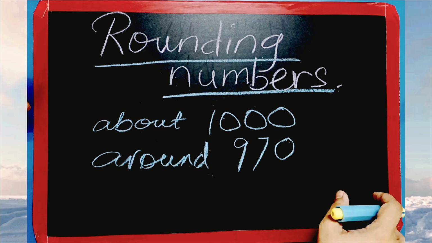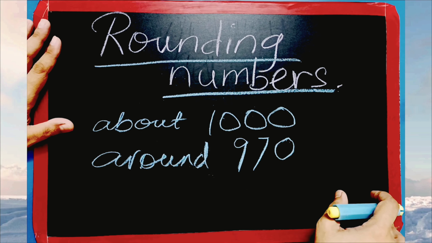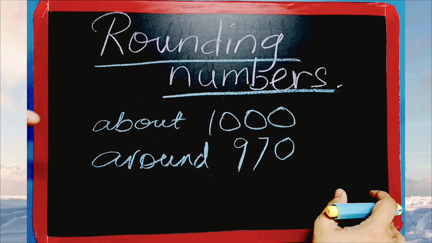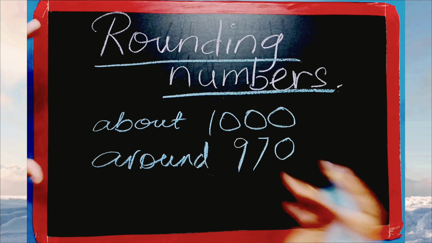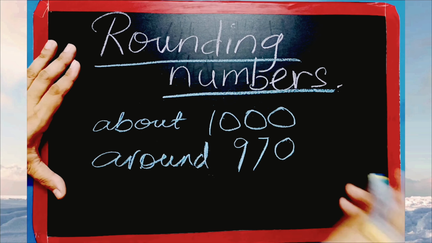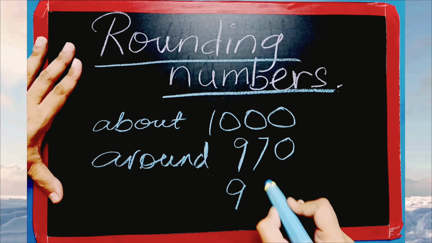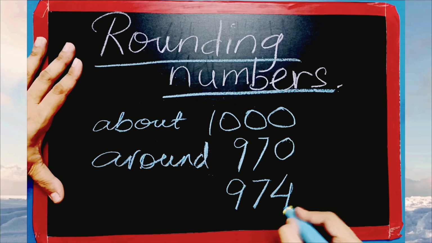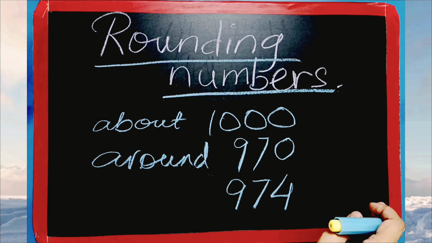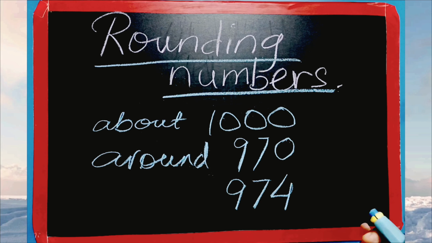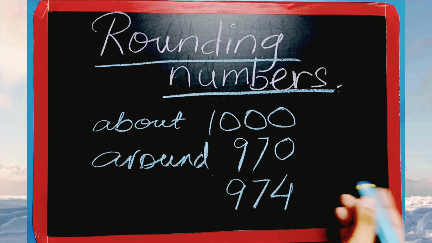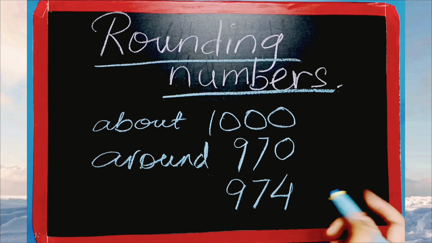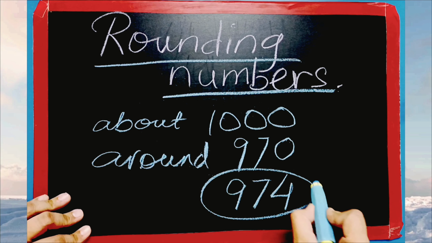But then if someone asks me, are you sure that you have eaten 970 oranges in a whole year? Then I say no, its exact number is 974 oranges. I have consumed 974 oranges in a whole year, and that's the exact number.